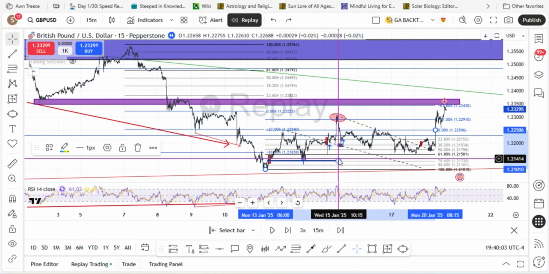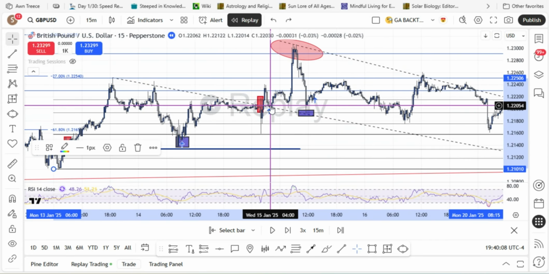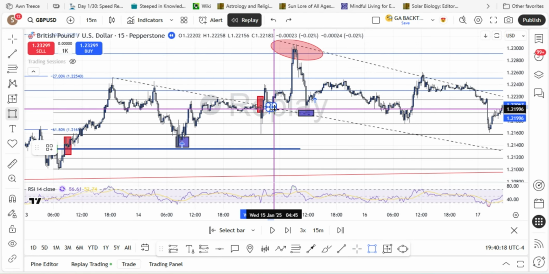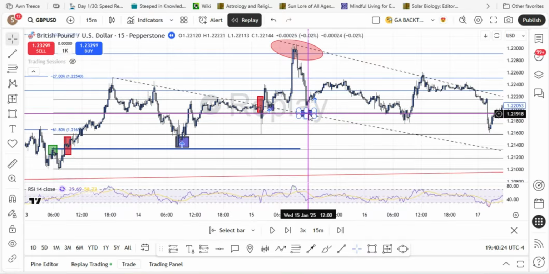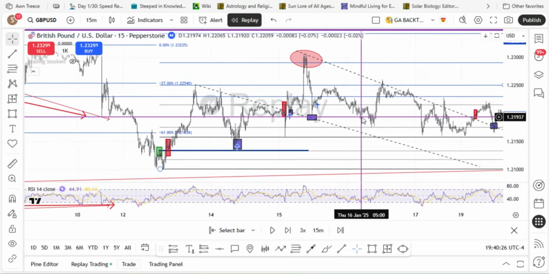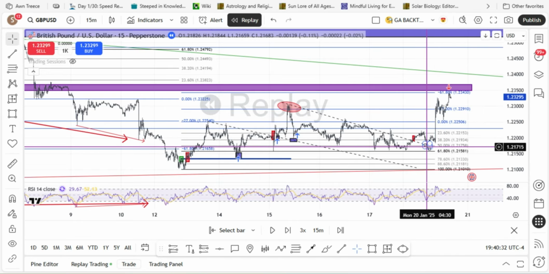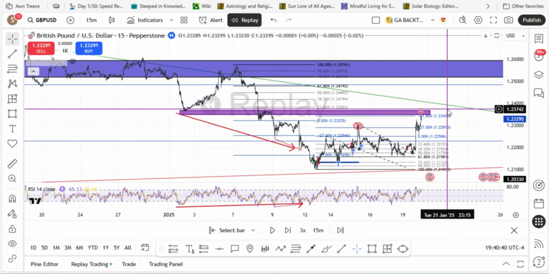And then I mean, I could have taken it right there too. That's another. And then this is Wednesday, and that would have taken a long time to play out because it's a bunch of consolidation. But yeah, they entered again and played out there. All right, so that's good.